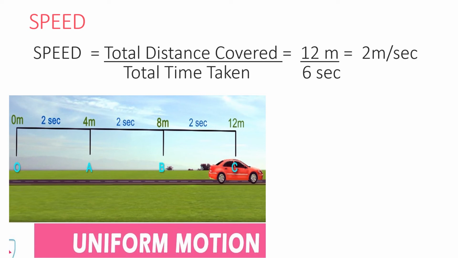The total time taken is 6 seconds. If we simplify this, we get the answer 2 meters per second as the speed of this particular object. We can determine the speed of a given object once we can measure the time taken by it to cover a certain distance.